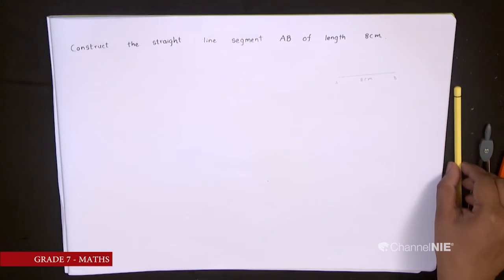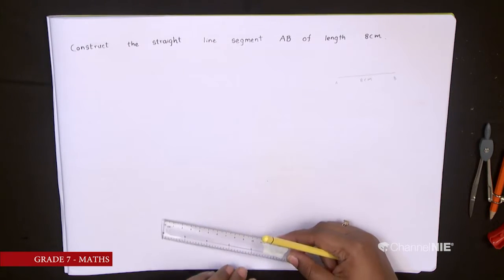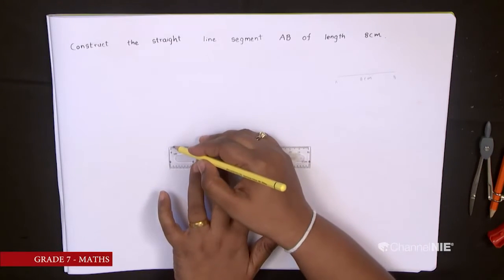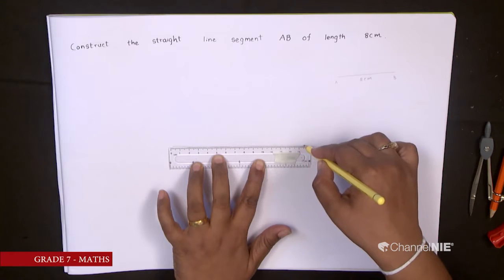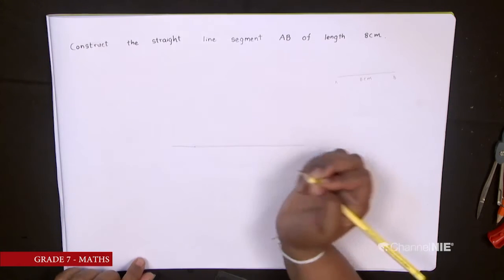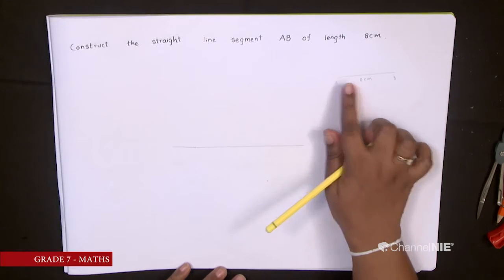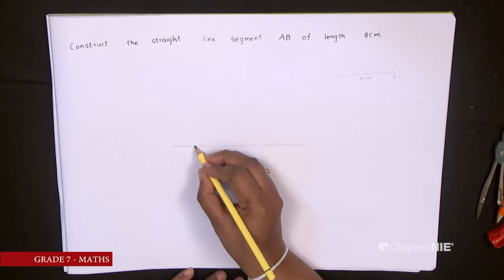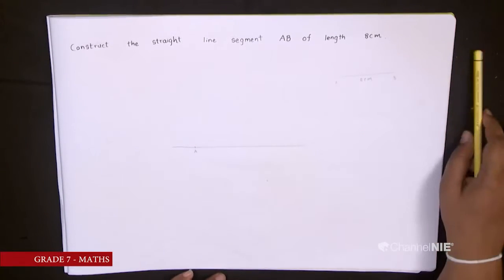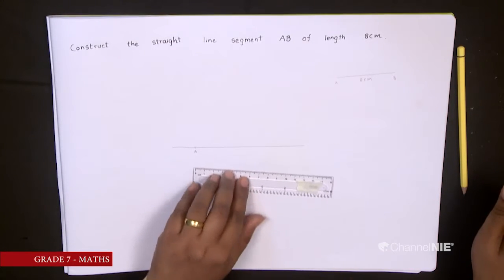Right. Now, we are going to construct this straight line segment. As the first step, you have to draw a straight line segment. You should not measure any length. Then you have to mark a point on the straight line segment. The name of the straight line segment should be AB. Therefore, we will mark any point on the straight line segment and name it as A. Then, the line should be 8 centimeters long.